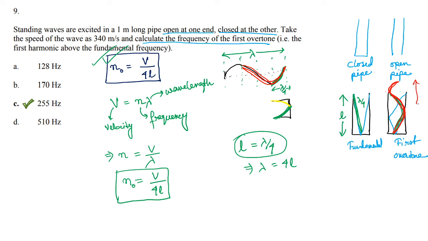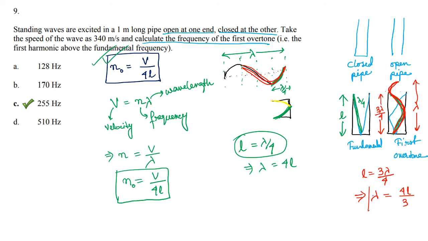If this total is lambda, then this is 3 lambda by 4. So here you can write that L is equal 3 lambda by 4. So from here we can get lambda equal 4L by 3.